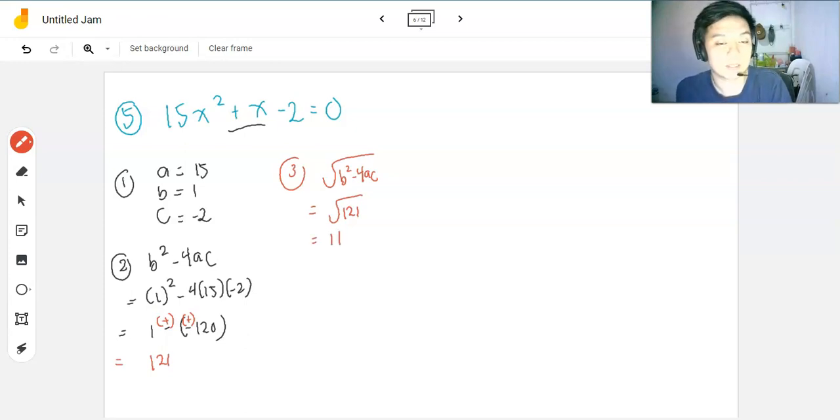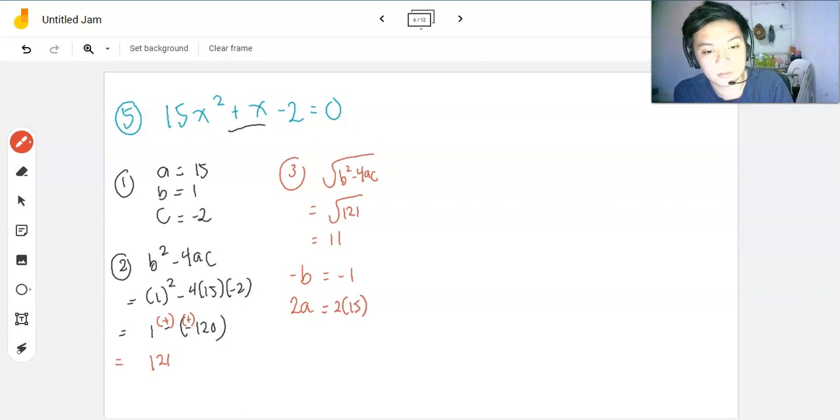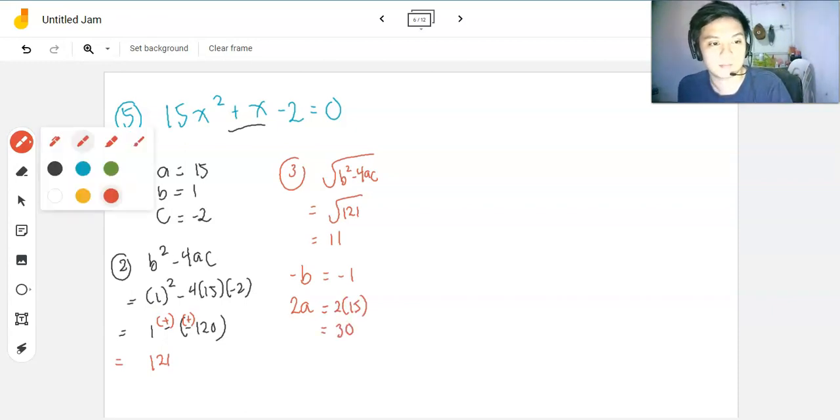And then still under step 3, getting the value of negative of B and 2A. So negative of B is negative of 1 kasi pag sinabing negative of B, just reverse the sign of the value of B. And then 2A is 2 times 15, so we'll have 30 as the answer. And then step 4 is to plug in.